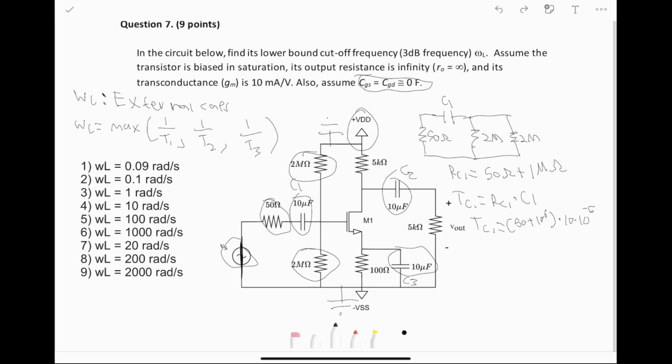If we simplify this a bit, tau C1 is about 10, because this can simplify to about 10 to the 6th, which cancels with that, and we get 10. So 1 over tau C1 is going to be equal to 1 over 10, and that's our first value for this formula. So we're looking for omega L equal to the max of 1 over 10, and then 3 more things. Let's find the rest of this statement.